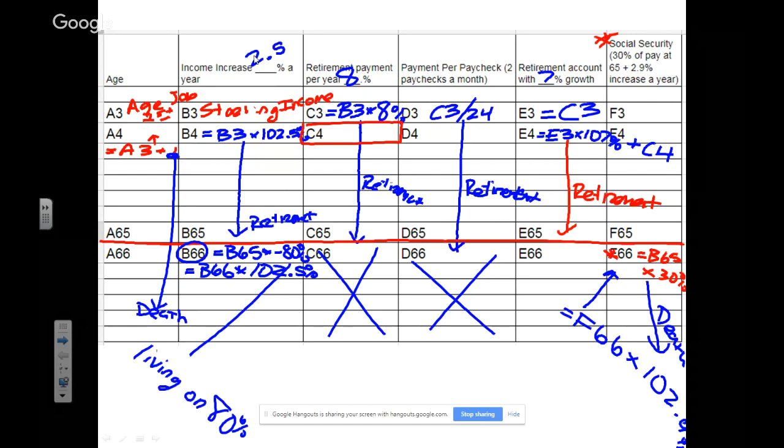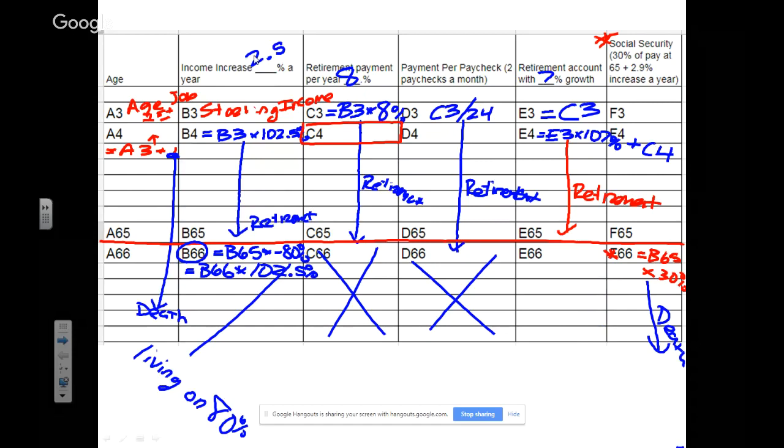Okay, and then finally our E66 line. We're going to add and take away, but we've got to be careful because this line here is going to end up being negative. Our E66, and I didn't really give myself much room, so I'm going to go ahead and delete this.